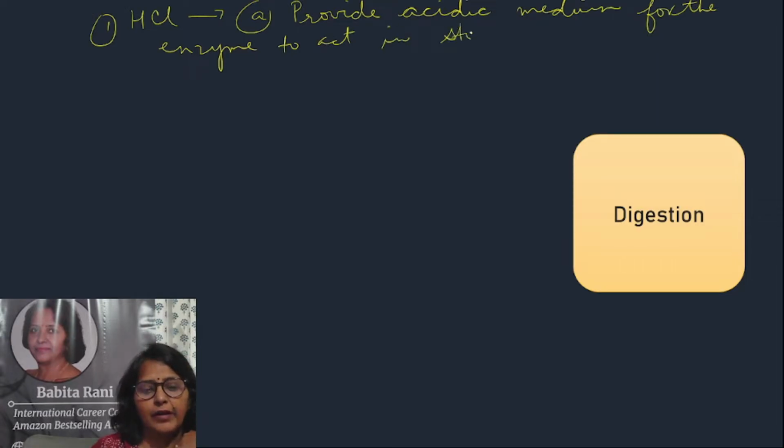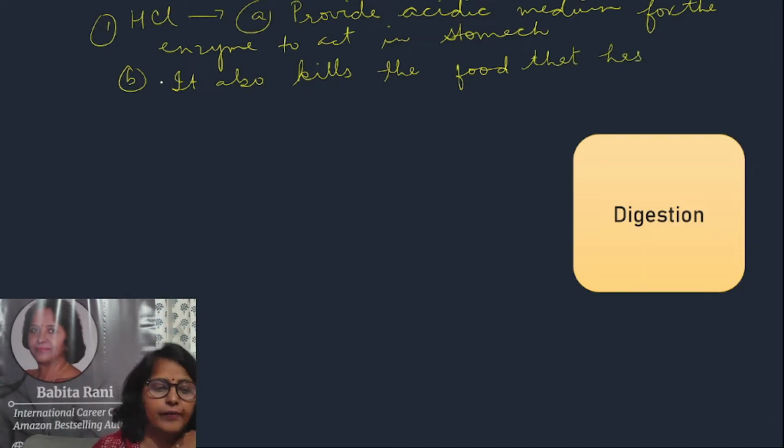In the stomach. Next, it also kills the microorganisms that come along with the food.